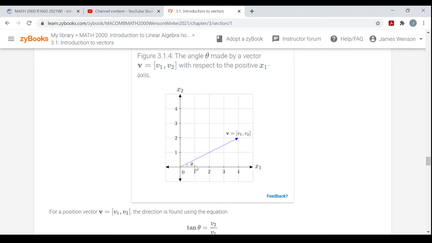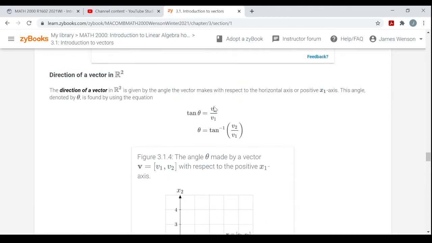If you recall from trigonometry, the tangent of an angle in a right triangle was the opposite length, v2, the second component, divided by the adjacent length, v1. So that's where this is coming from. The tangent of theta equals v2 over v1. And then to get theta alone, you take the inverse tangent of both sides.